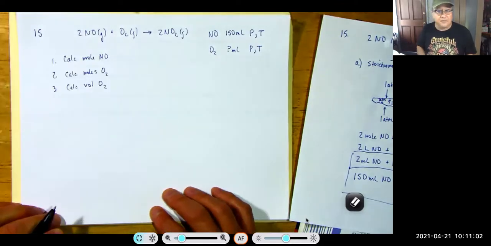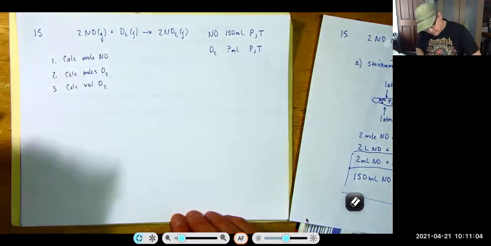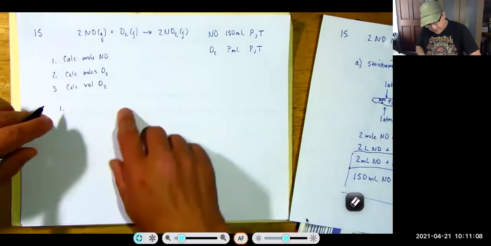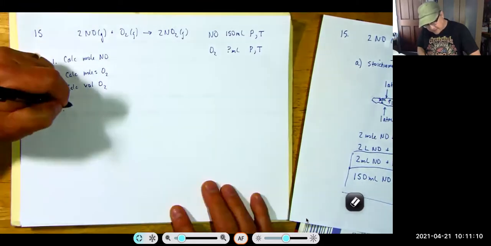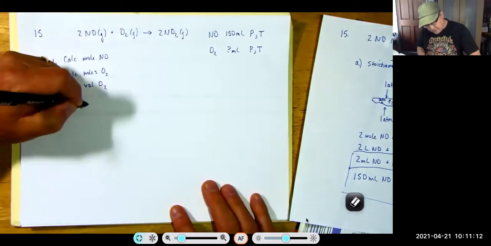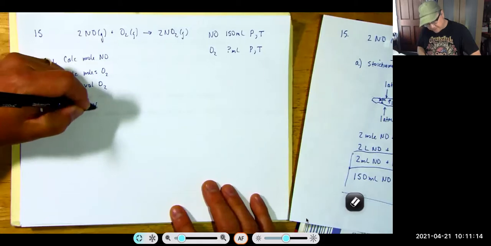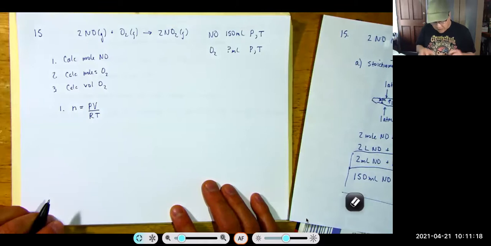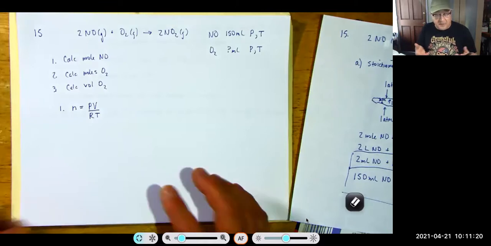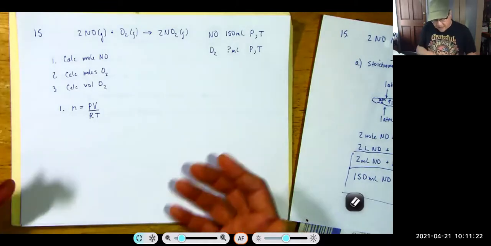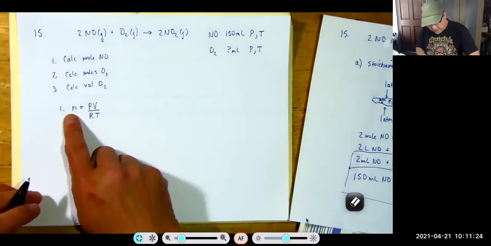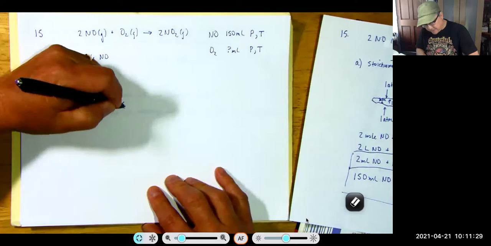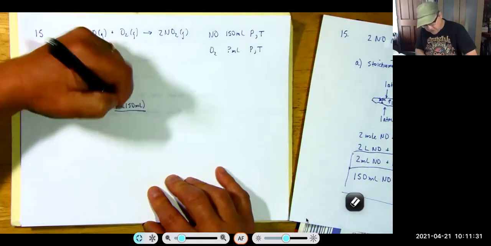So let's calculate the moles of NO. For the moles of NO, I'm going to use n is equal to PV over RT. All I've done is I've taken the ideal gas law, PV equals nRT, and made it focus on n. So here I get P times 150 milliliters over RT.